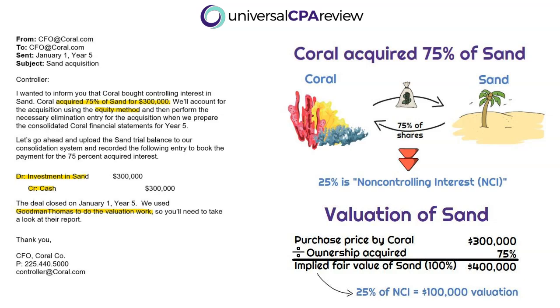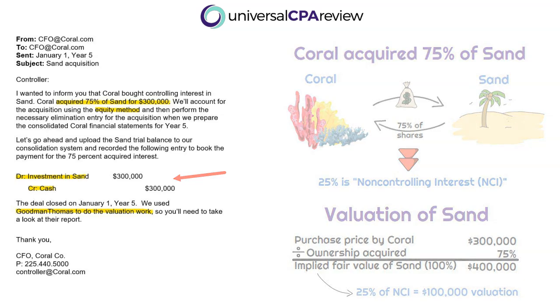So that means overall, right, that Sand has a fair value of $400,000. So that $300,000 is for 75%. Non-controlling interest would have $100,000. Now it also says that they use the equity method to record this investment, and there's the journal entry that they booked on January 1st of year 5.